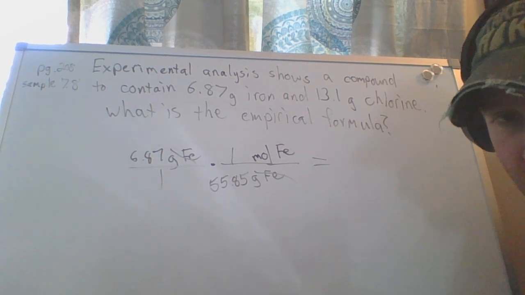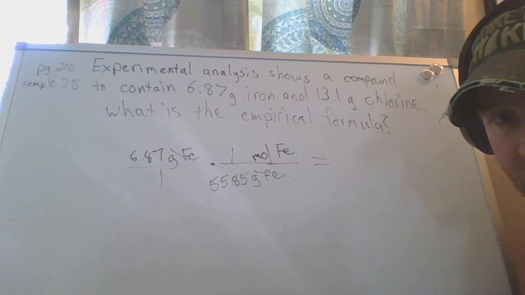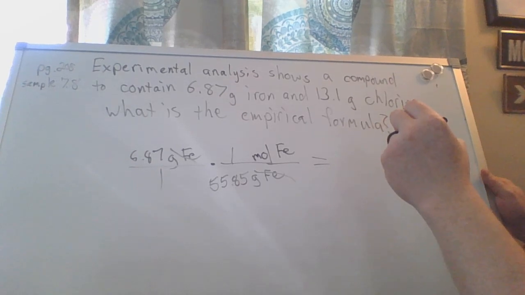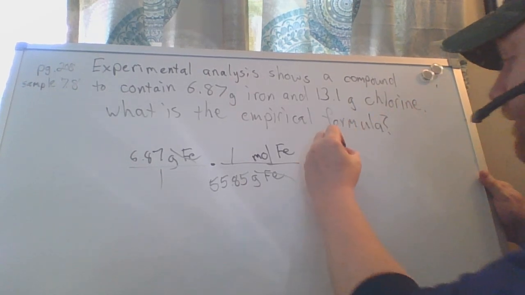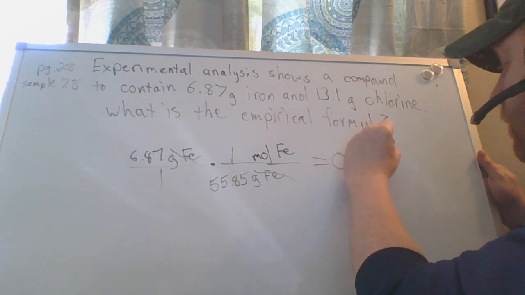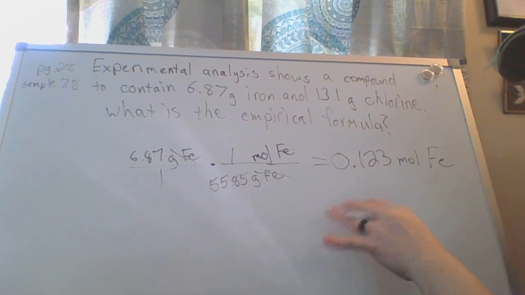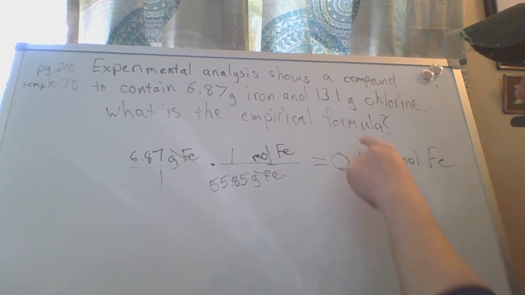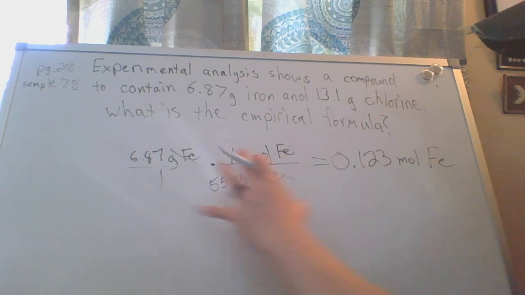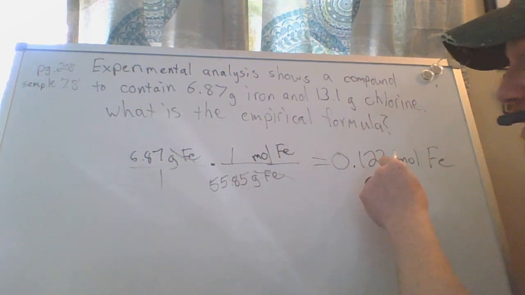I'm going to pause it so I can get the book and make sure we all have the correct answer here. On page 208 in the book, it tells us we have, in terms of moles of iron, 0.123 moles of Fe. We can't do anything else right now. We have to compare the moles of iron to the other element in the compound, so we're done for this section. It's simply grams into moles.